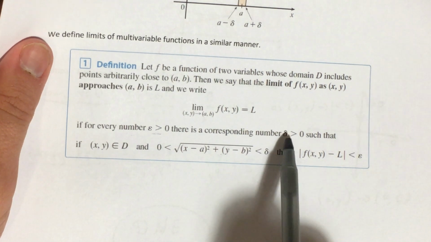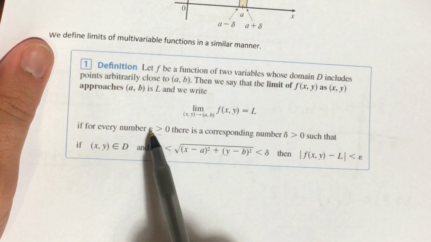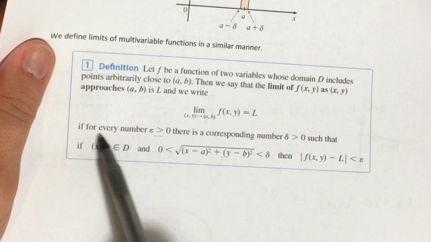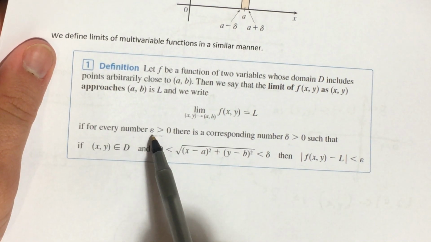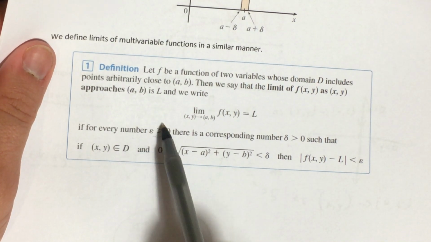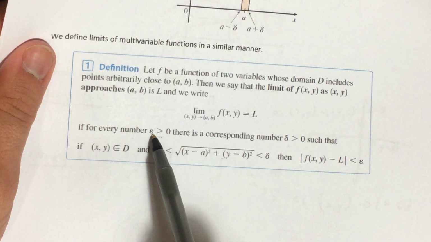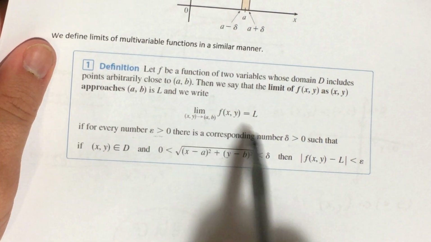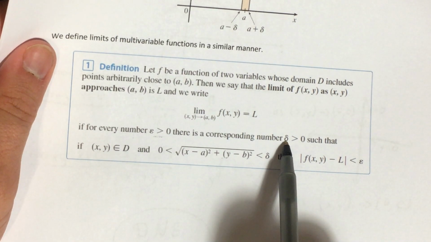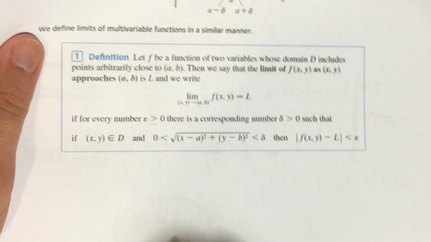This delta is meant to depend on this epsilon. Notice the words "for every" here. That means we kind of think of epsilon as some arbitrary positive number. It can be literally any positive number. But once you've identified a positive number for epsilon, you would then go and find a corresponding number delta that matches with that, which makes this statement down here true.